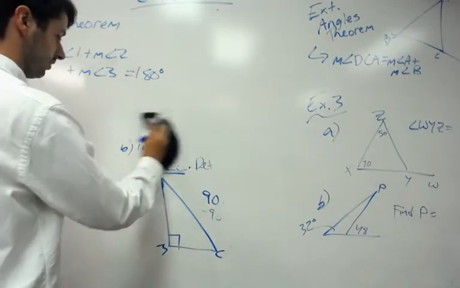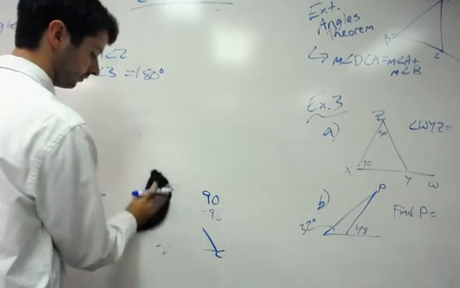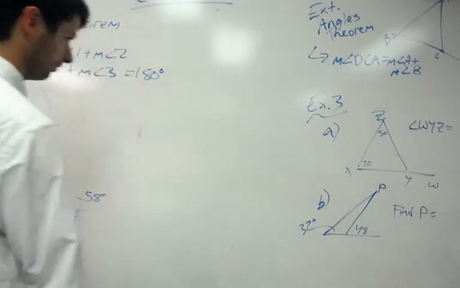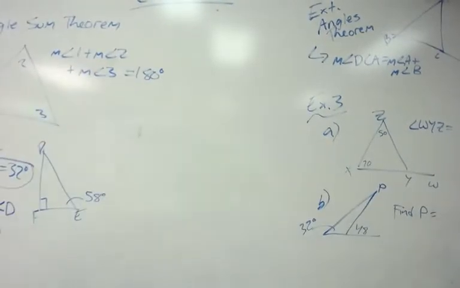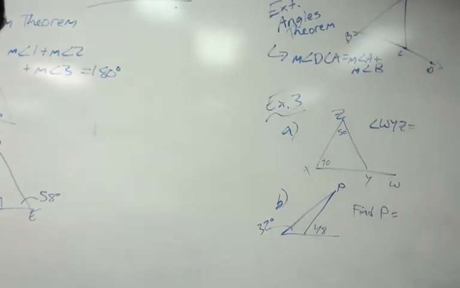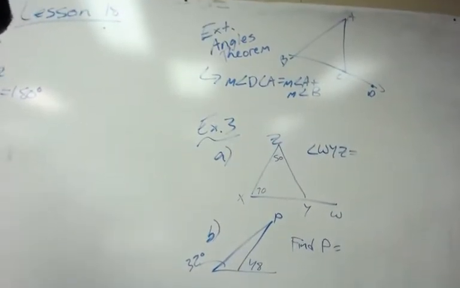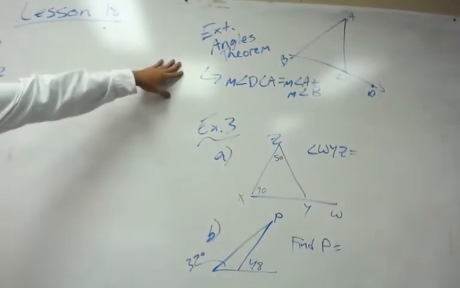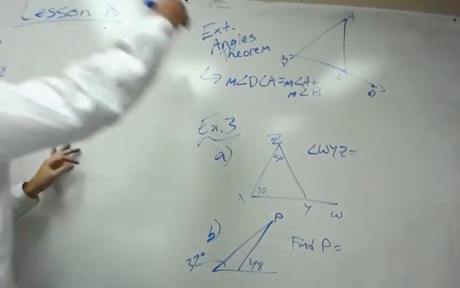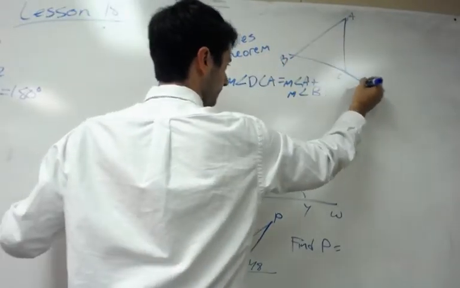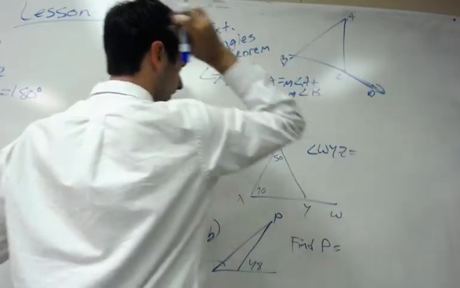The last part we're going to look at here is the exterior angles theorem. It is at the top of page 111. Imagine we have a triangle here, and it has a line that is going exterior.